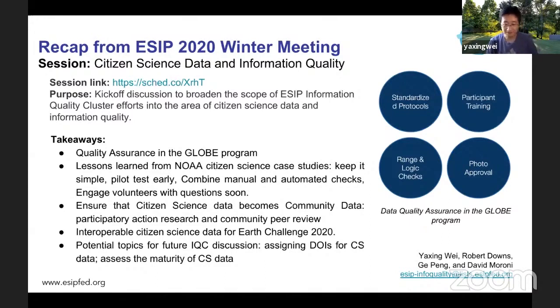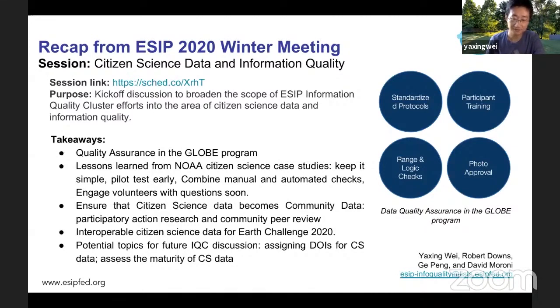There are some additional takeaways, but the one that I want to highlight here, as the last bullet on this slide, is the potential topics that we identified at the winter meeting for future IQC discussion.